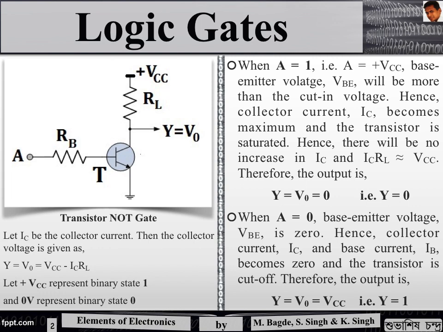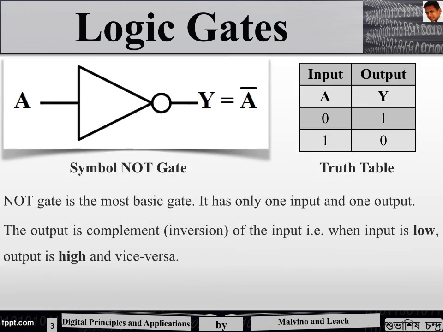Whereas in the second case, when A equals 0, the transistor T is cut off at the base emitter voltage and the entire collector current falls on the load resistance RL, and we get output Y equals VCC, and therefore Y equals 1. So we get two cases: when A equals 0, Y equals 1; when A equals 1, Y equals 0. This is basically the truth table for the NOT gate.